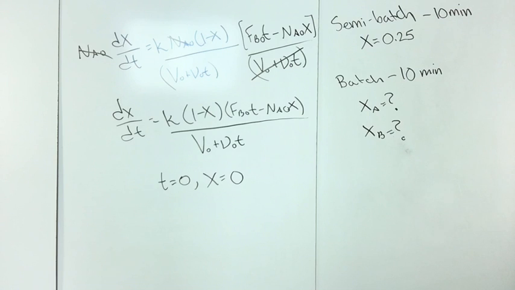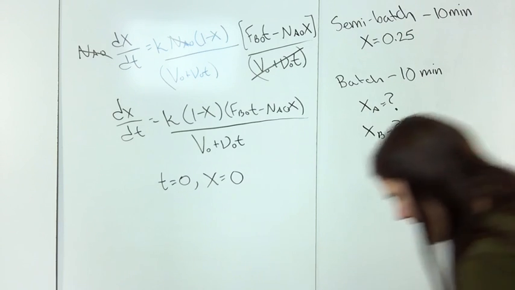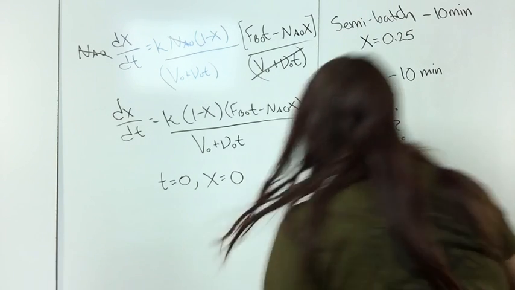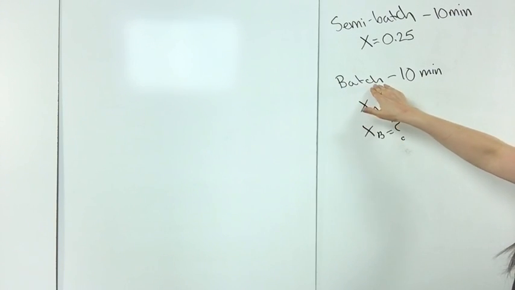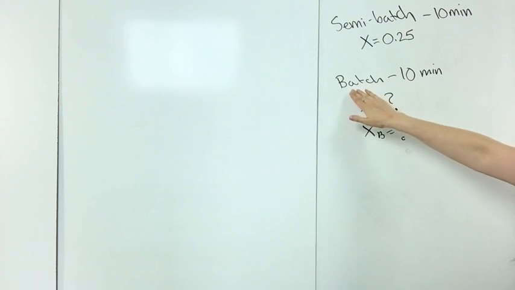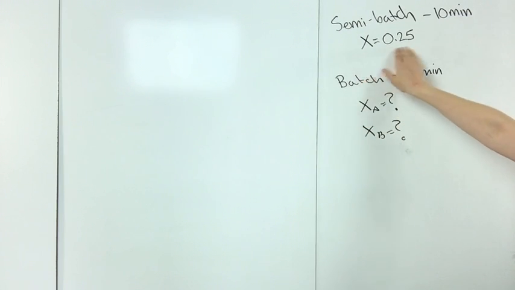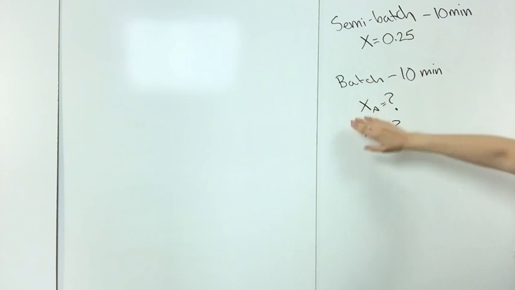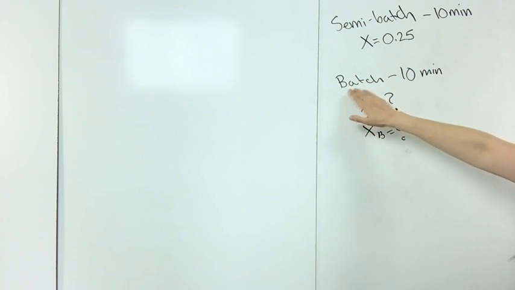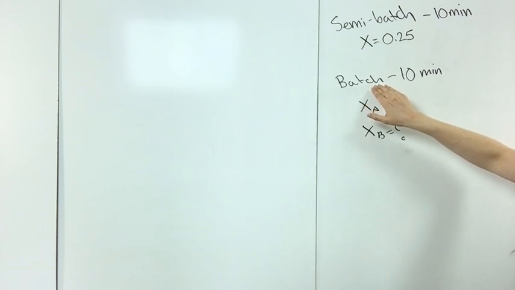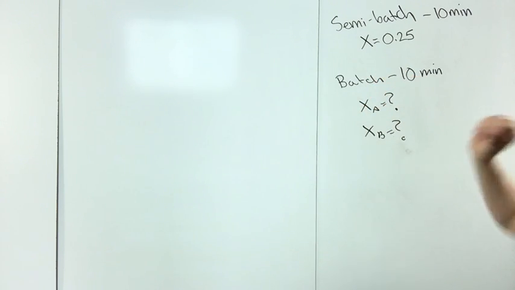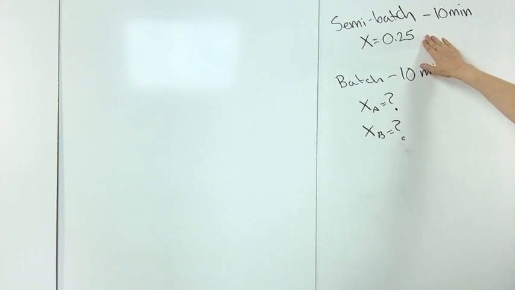So the way you do this is, I'm going to erase this over here too. What you need to do is figure out what the conversion is in the second part in the batch reactor. You already know what it is in this. And then once you know the conversion in the batch reactor, you can calculate what you have for N_A and N_B, and you know what it is from here.